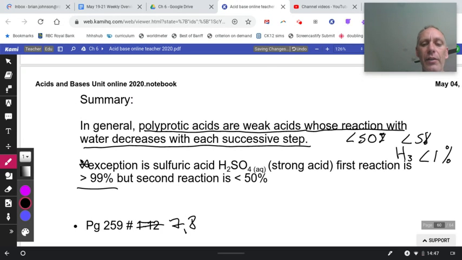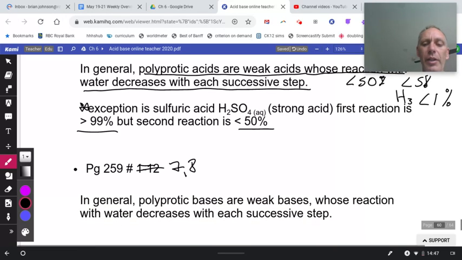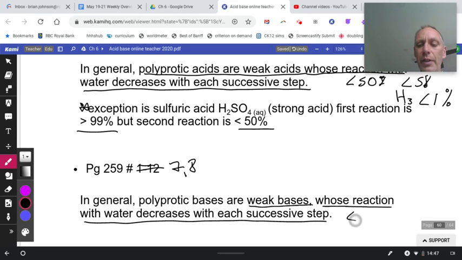Greater than 99 on the first, less than 50 on the second. And polyprotic bases are weak bases. And same deal. Their reaction with water decreases with each step. So less than 50, less than 5, less than 1.